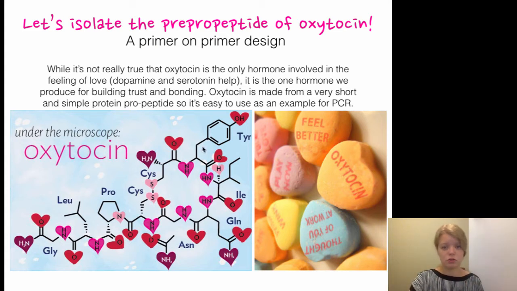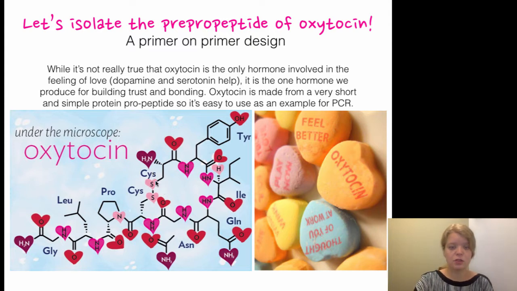And just briefly stop, this is the actual peptide that is the oxytocin hormone. And you guys can see that there's only 1, 2, 3, 4, 5, 6, 7, 8, and 9 amino acids in this polypeptide, as well.